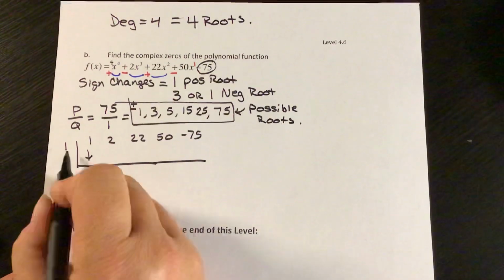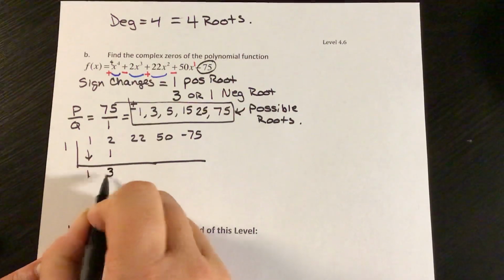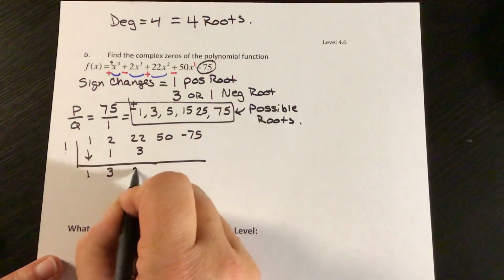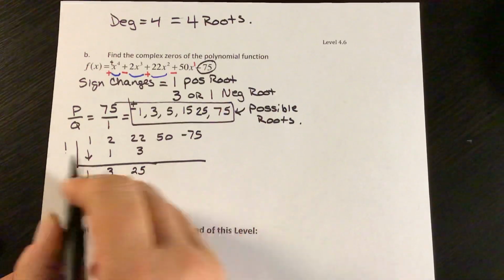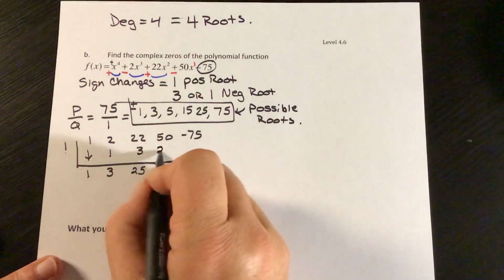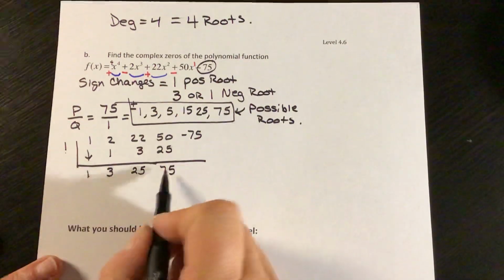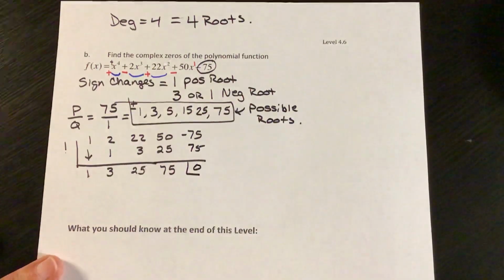Bring down 1. 1 times 1 is 1. And then I add down, I get 3. 1 times 3 is 3. Add down, I get 25. 1 times 25 is 25. Add down, I get 75. This is looking good. So this is 75, and then I get remainder 0.